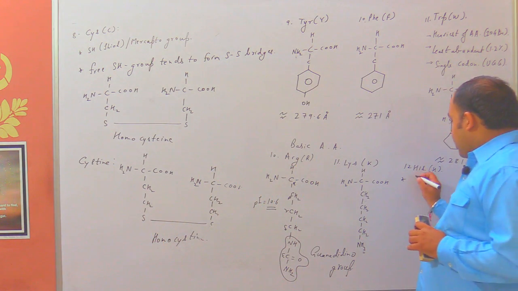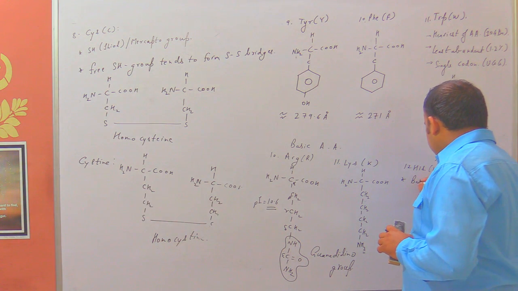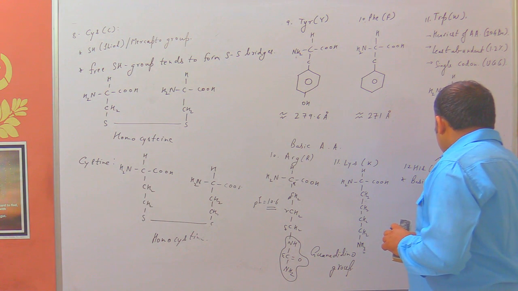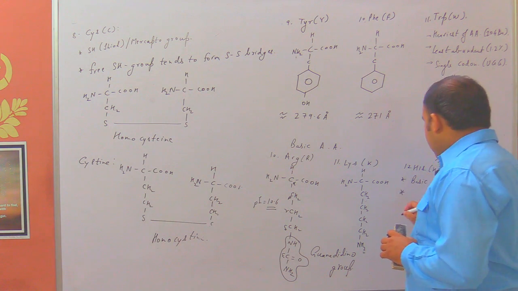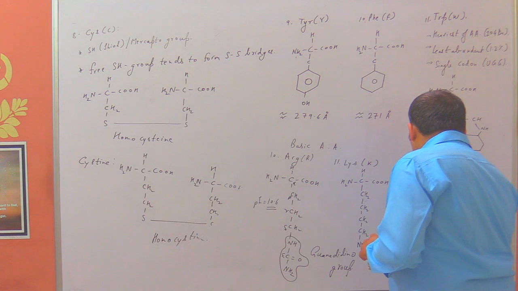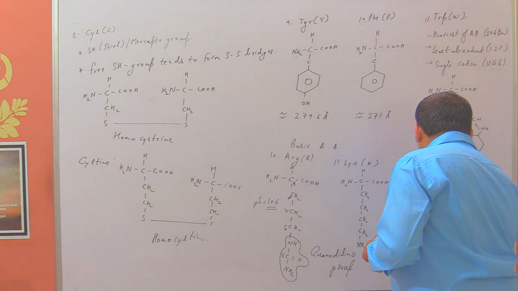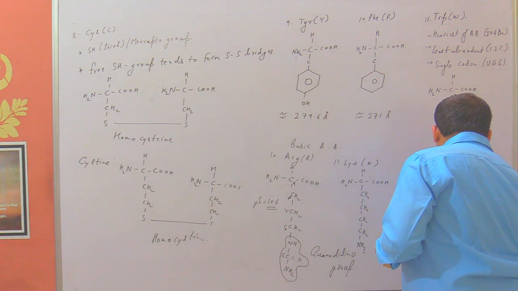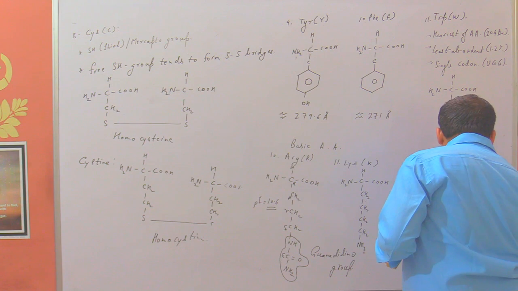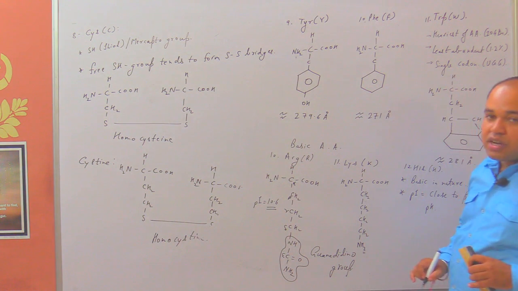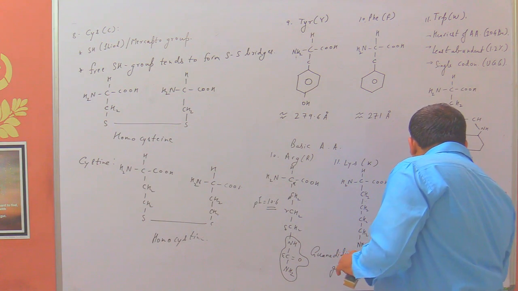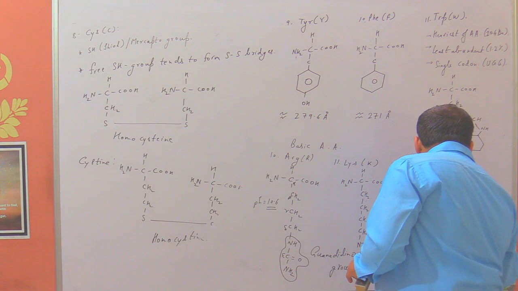Now histidine is basic in nature, and it has an isoelectric point close to physiological pH, close to neutral, approximately pH 6.8.